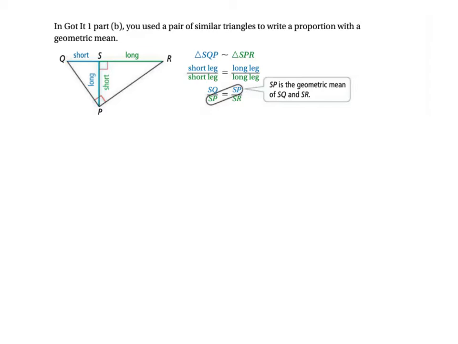Notice this, if you're going from this triangle to this triangle, what you've got is the long side of one triangle is the short side of the other. So if you say the short leg on the blue one to the short leg on the green one equals the long leg on the blue one to the long leg on the green one, what you get is that same side length on the diagonal. That's where this comes in. So you'd say that times that, square rooted, would be whatever that was.